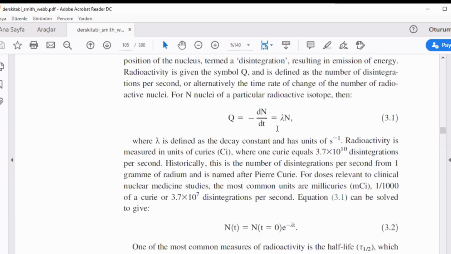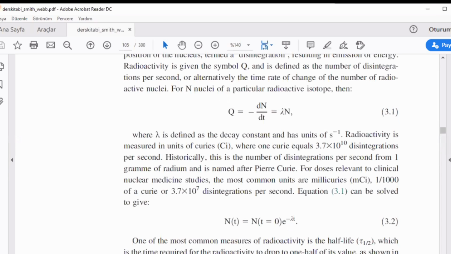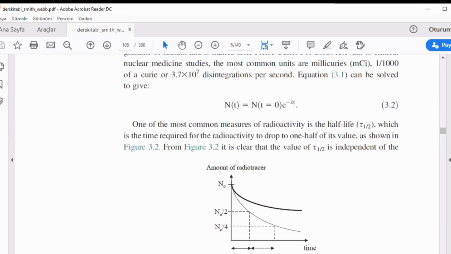So this equation is a first-order differential equation, very similar to resistor-capacitor networks or resistor-inductor networks of voltage and current respectively. So this is the same. That's the reason we have the number of decays equal to the number of decays at t equals 0 times an exponential decay with constant lambda, okay? So what you have learned as tau before is lambda in this course and in this book.